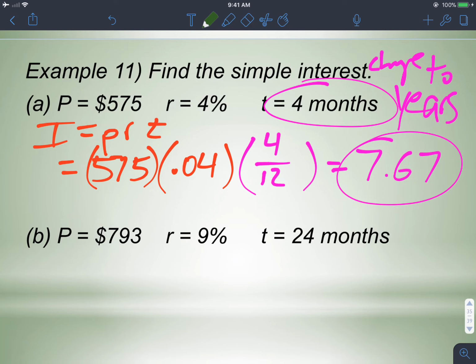How do you do that in a calculator? Right, because if you think about it, it's 575 times 0.04 times 4. All these are multiplied together. Multiply all those together first, and then divide by 12. You can do it like that.